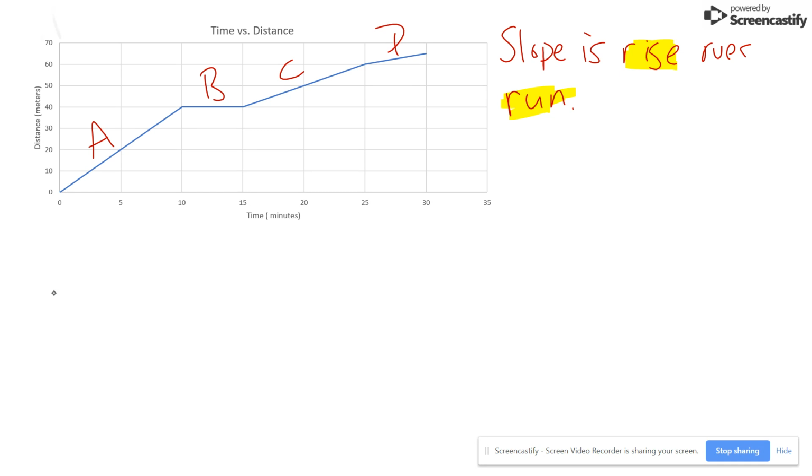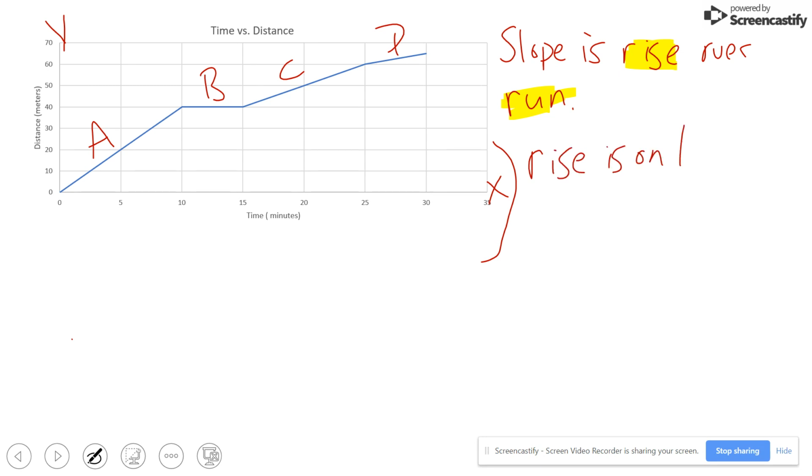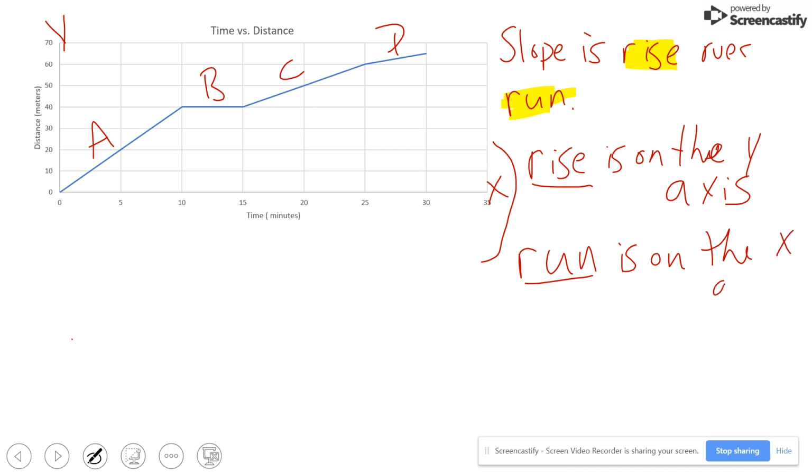And when we're looking at this, remember this is our y-axis and this is our x-axis. So our y-axis is going to be our rise, so the rise is on the y-axis. The run is on the x-axis.